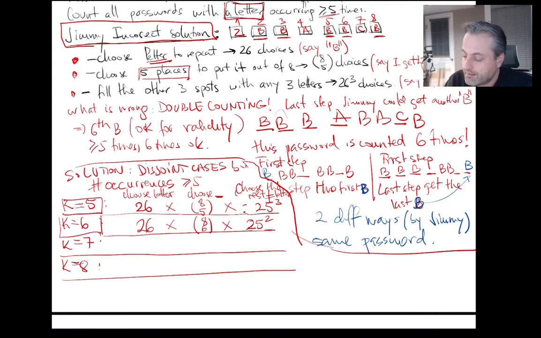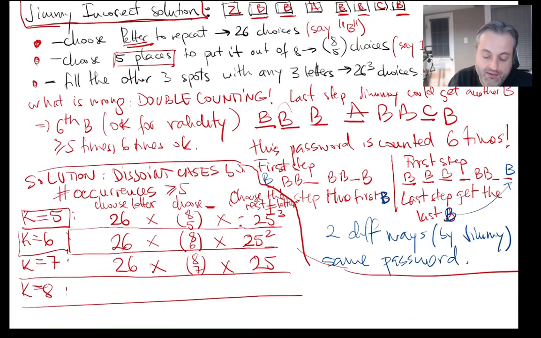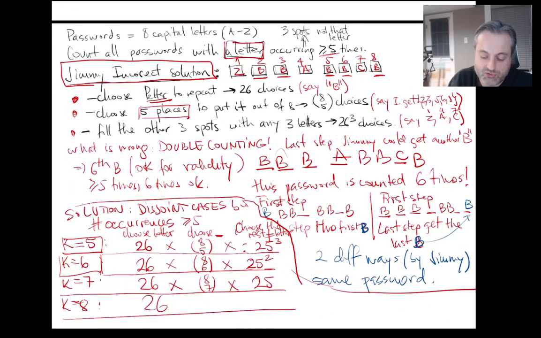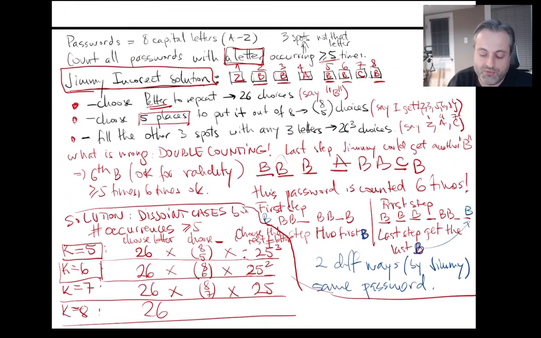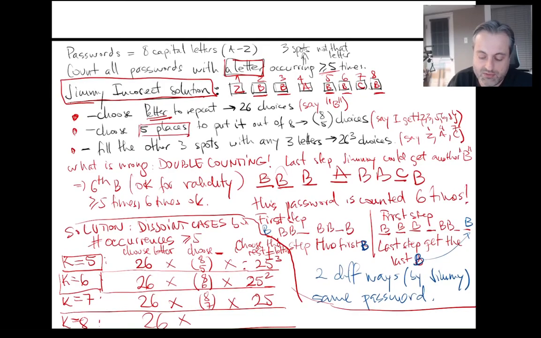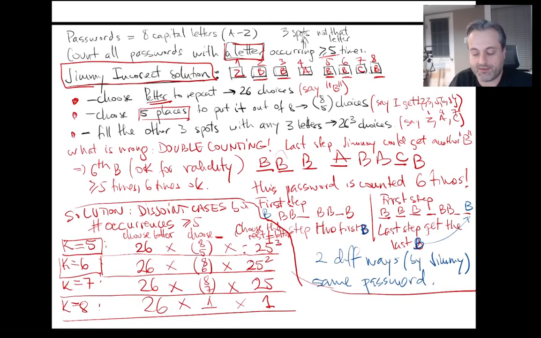So then in here I have 26 options for the letter. Choose 7 spots where to put it, and then I need another letter again that's different than that one. Then in here I have 26 choices for the letter, but it's repeating 8 times, so there's nothing else to choose, because I only have to choose the letter that's repeating.